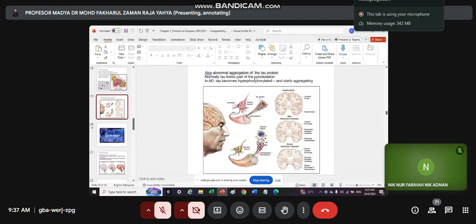We can see the same problem, namely protein aggregation of tau protein. Aggregation is due to hyperphosphorylation of tau protein.